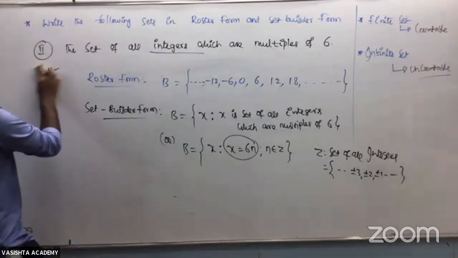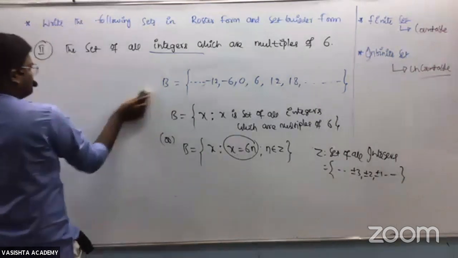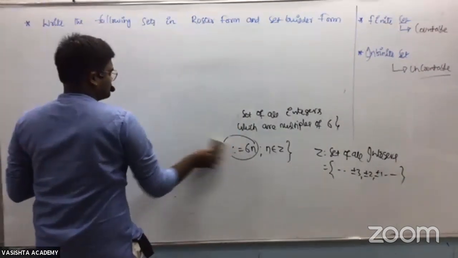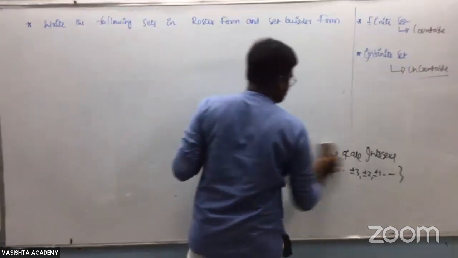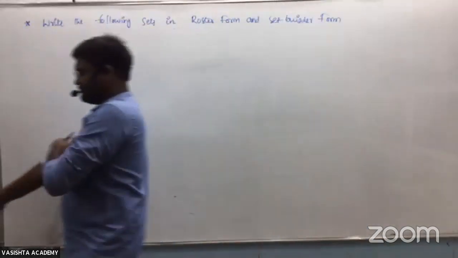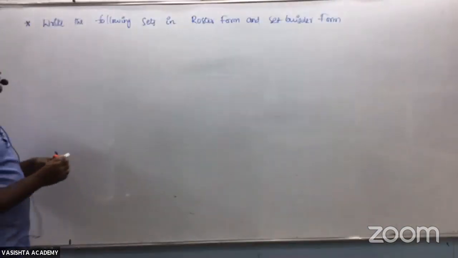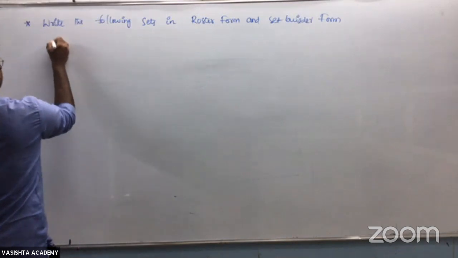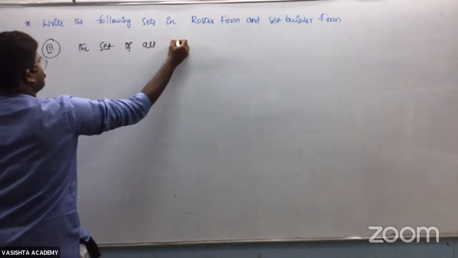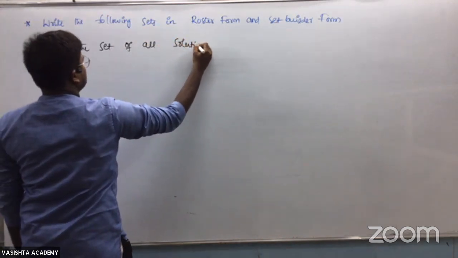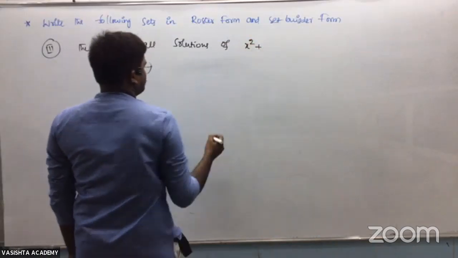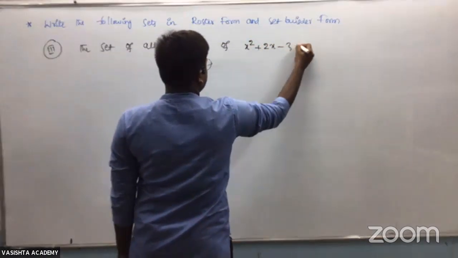I'll move to another question. The set of all solutions, or roots, of x square plus 2x minus 3 equal to 0.